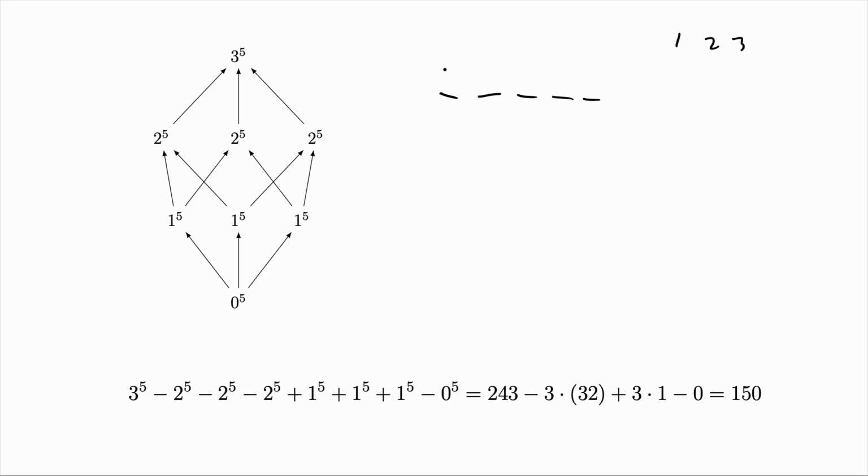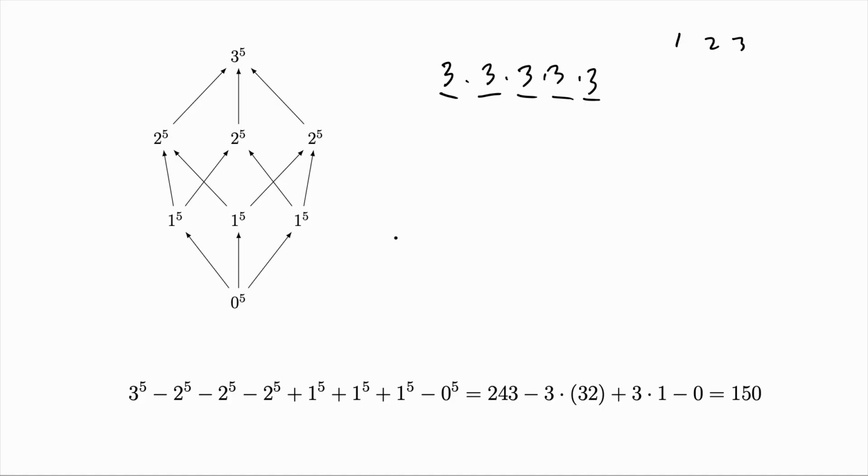Well, for the first one, there are 3 things it could go to. The second one in the domain can go to any of the 3. It doesn't matter if it goes to something that's already been taken. You can have a constant function. It's fine. So there are 3 options for each. You multiply those together, pairing those different possibilities, and you end up getting 3 to the 5th. Similarly, 2 to the 5th, if you only have 2 options that things could be sent to on this level, and so forth, so we can count that.